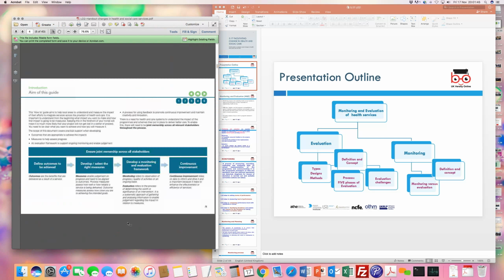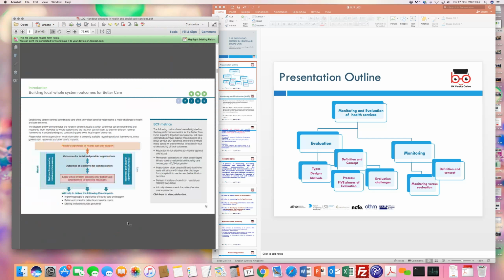This handout is quite elaborate, but at least gives you a perfect understanding of how these things are happening within the sector.